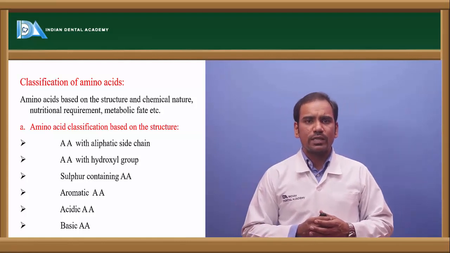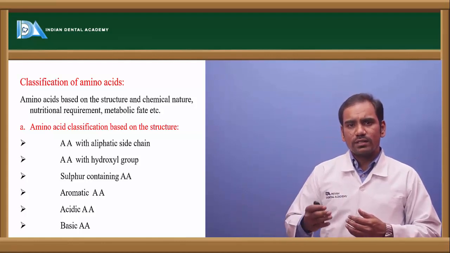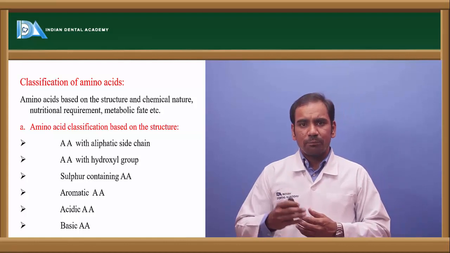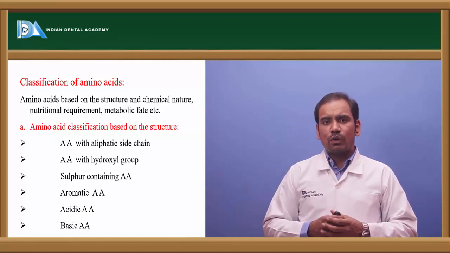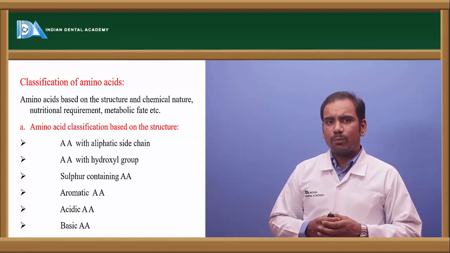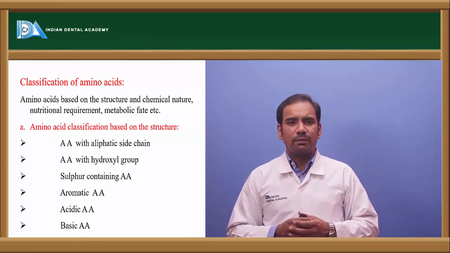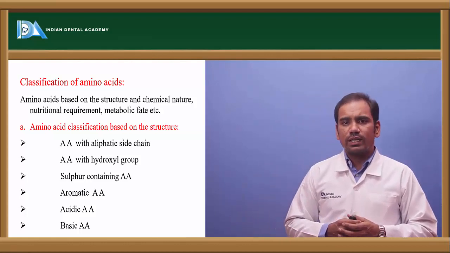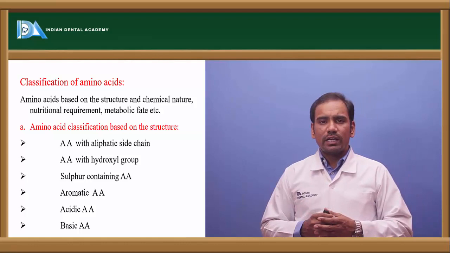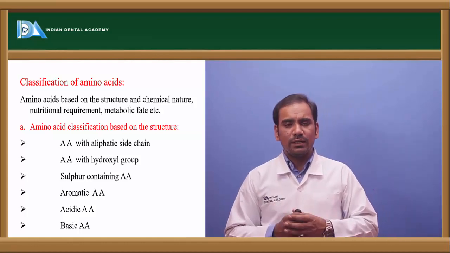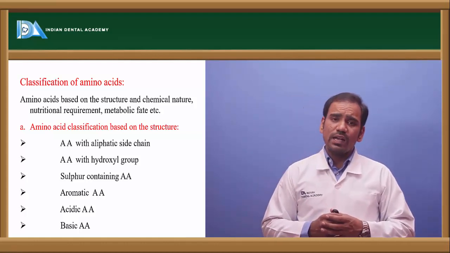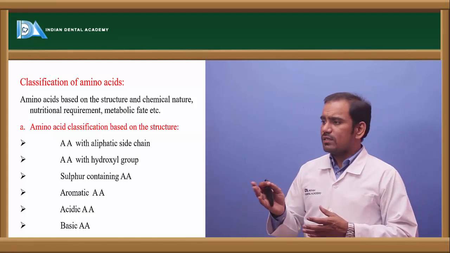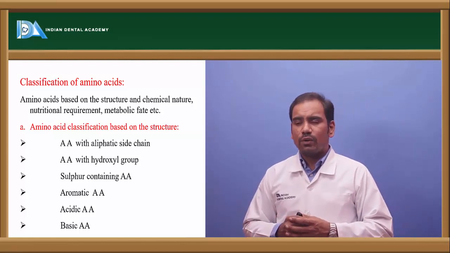Sulfur containing amino acids have sulfur in their side chain, like cysteine and methionine. Aromatic amino acids have an aromatic ring, like phenylalanine, tyrosine and tryptophan.